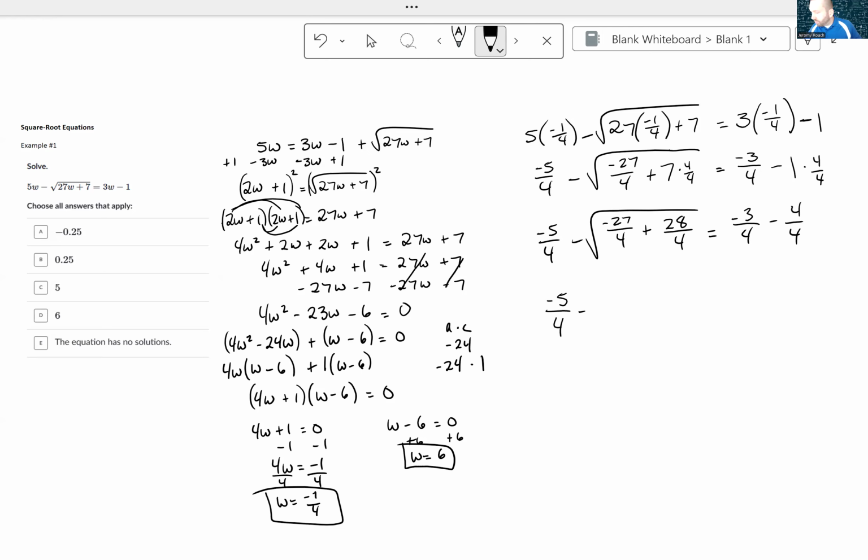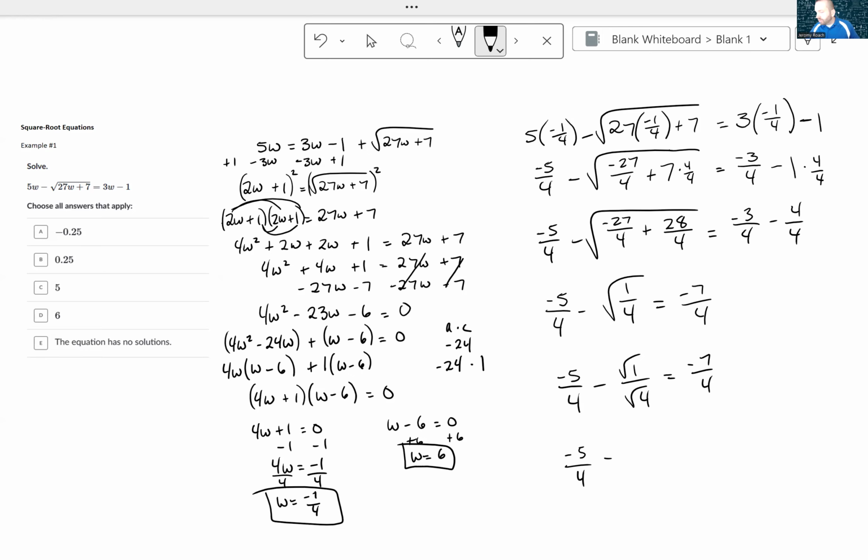Negative 5 over 4 minus the square root of, that's just 1/4. That's a nice number. Let's fix our square root, save us some room. And that's going to be negative 7 over 4. Now, when we do the square root of 1/4, we're doing a minus on the outside, so we're allowed to do that. And that becomes square root of 1 over square root of 4 equals negative 7 over 4. Square root of 1 is just 1.